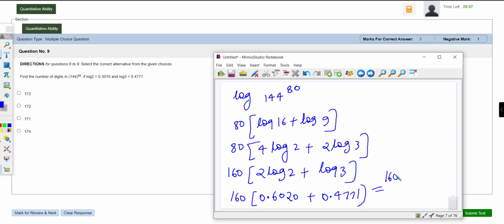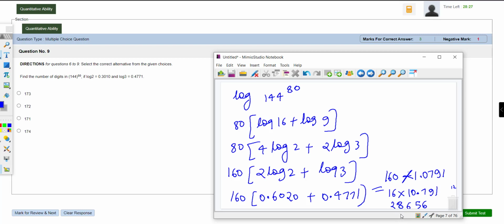This addition is 160 into, okay, this addition is going to be how much? 1.0791. So this is going to be 16 into 10.791. 16 ones are 16, 1 is a carry, 16 nines are 144 plus 1 is 145, 16 sevens are 112, 112 plus 4 is 116.